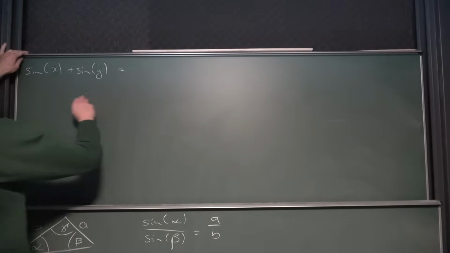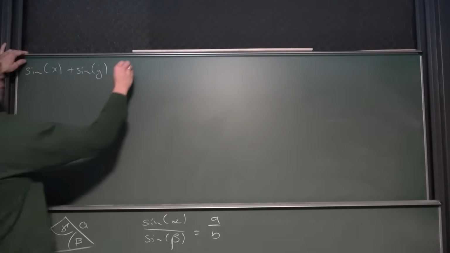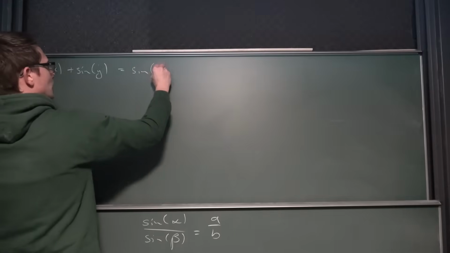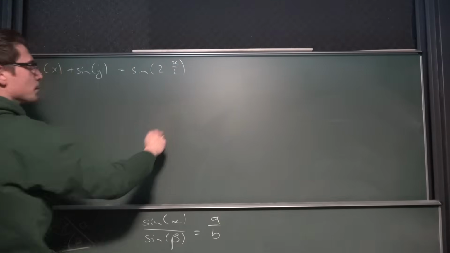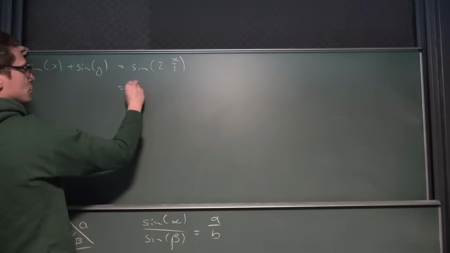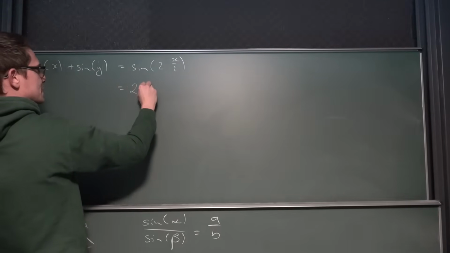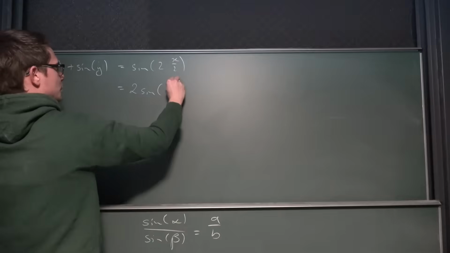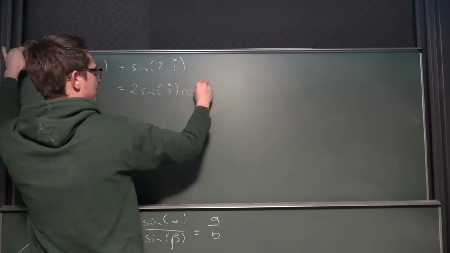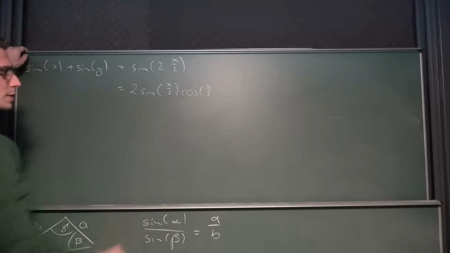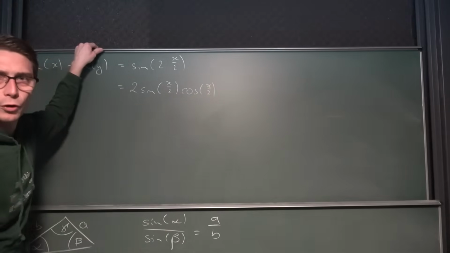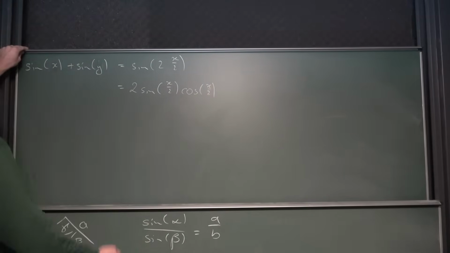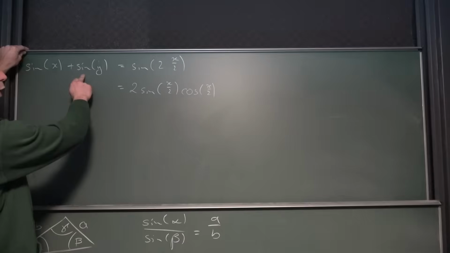Now, what is going to happen if we take the sine of 2 times x over 2? The sine of 2 times x over 2 is going to result in 2 times the sine of x over 2 times the cosine of x over 2. This right here is the double angle formula for the sine. Now, the same thing for y.